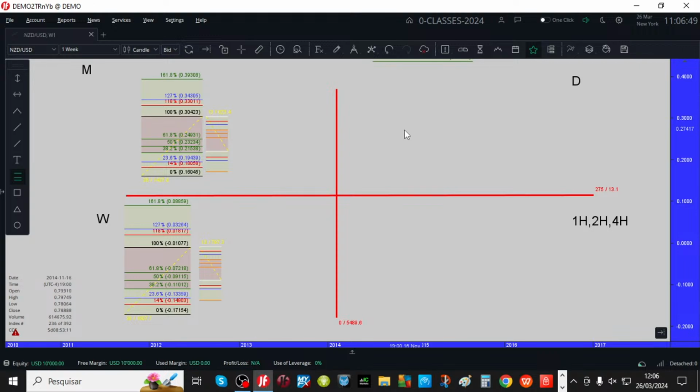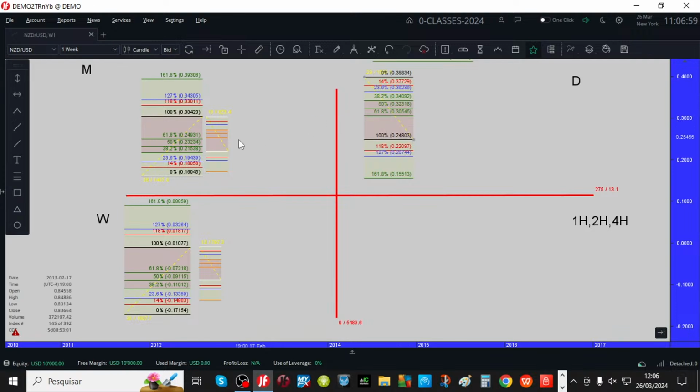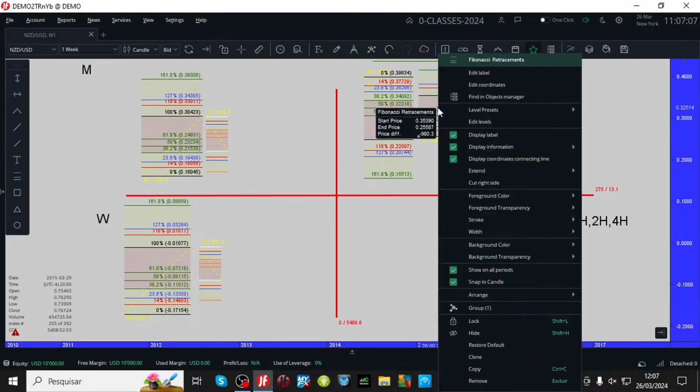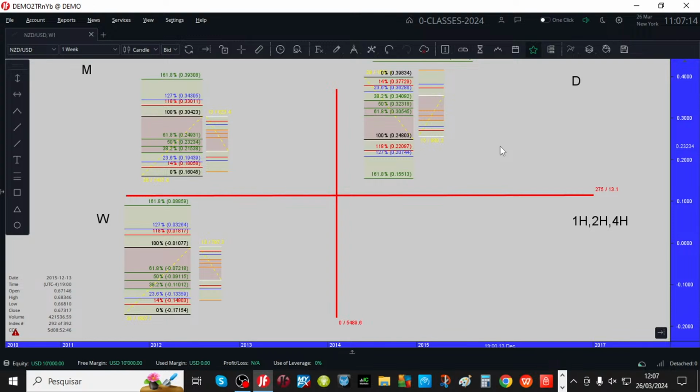Then we have the daily, original Fibonacci is pointing down. Who remembers what's the name in Fibonacci trading? There is a keyword. And the daily has a confirmed C, contrarian one. Contrarian one has a confirmed C. And we have the 1 hour, 2 hour, 4 hour chart, original one going up.